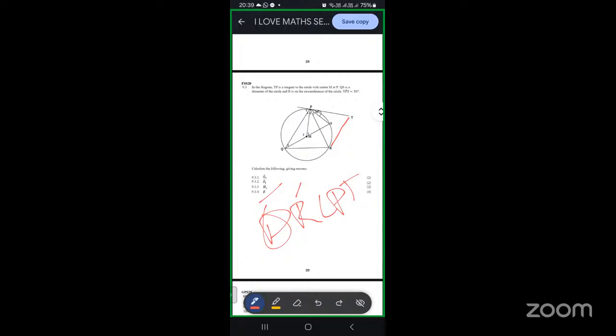Yes, sir. Thank you. It was going to be a cyclic quad if we also construct the circle PQTR, then it will be a cyclic quad to this constructed circle. Yes, I understand. So, do you guys still remember the definition of the cyclic quad?